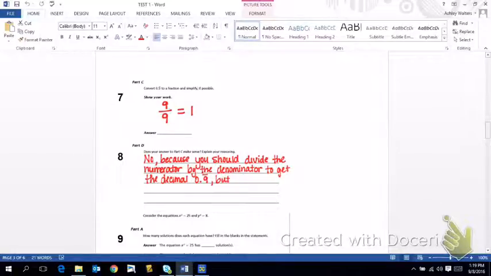But we don't get 0.9 repeating. Instead, we get 1.